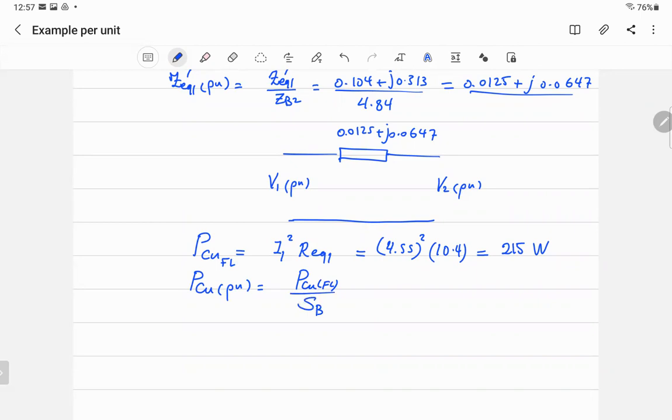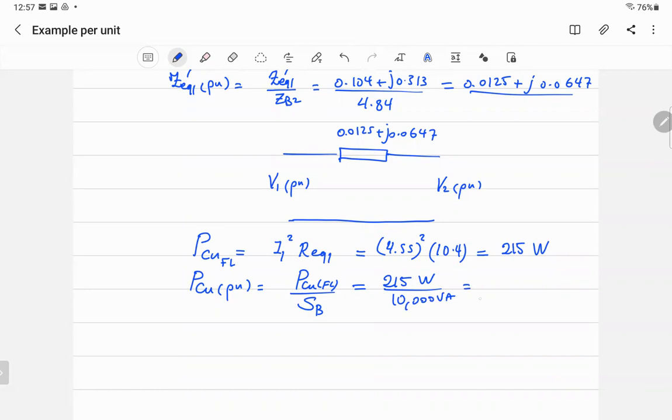If I ask you, is the base 1 or 2? What will you answer? 1? There's nothing called 1 and 2. It's only one value. Yes. So that will be equal to 215 watts over 10 kVA, 10,000.